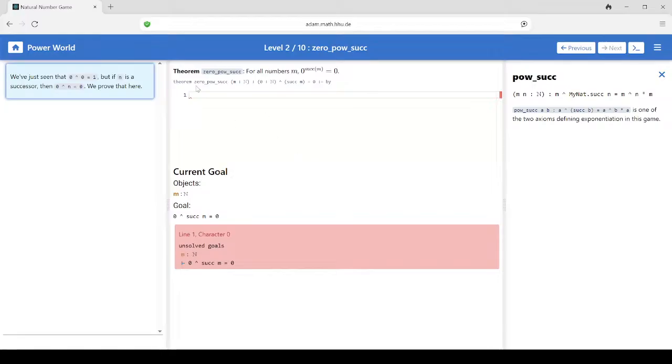Hang on, I feel a little bit dumb, but I'm totally confused already. If n is a successor, then 0 to the n power equals 0. Okay, yeah, that makes sense, because 0 times anything is still going to be 0.